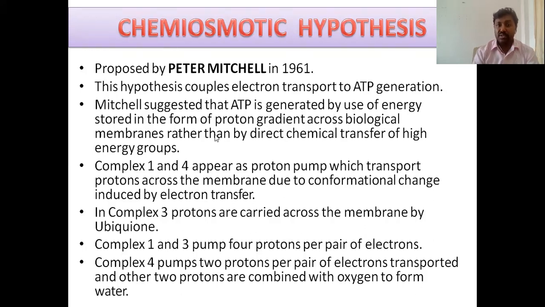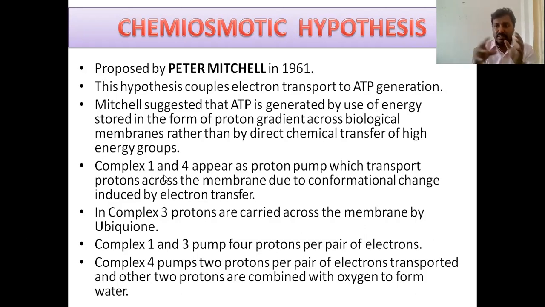Mitchell says ATP generation uses the energy in the form of a proton gradient across the biological membrane, rather than direct chemical transfer of high-energy groups. What he said is that protons are transferred across the mitochondrial membrane through the F0 and F1 particles to synthesize ATP.